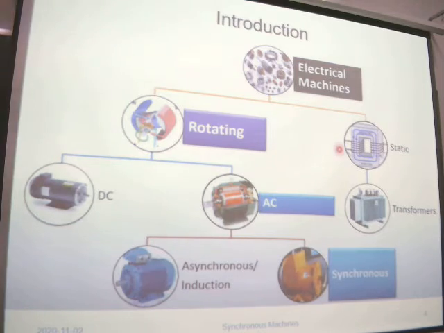But for the rotating, we have learned the DC machines in chapter 7, and the induction machines in chapter 6, and the last one, synchronous machines, in this chapter.